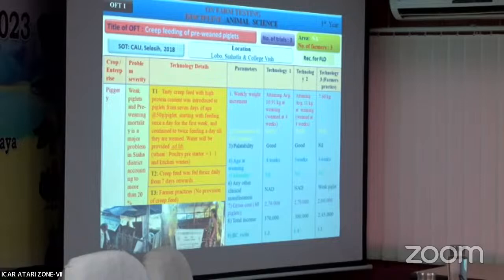No mortality was observed during the demonstration period. And the BC ratio under T1, T2, and T3 are 1.3, 1.4, and 1.2. So we conclude that provision of creep feed twice daily from 7 days onwards gives the best BC ratio.